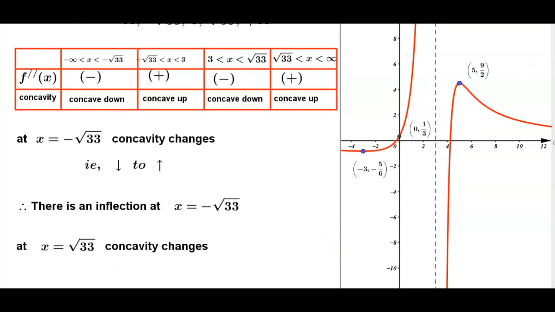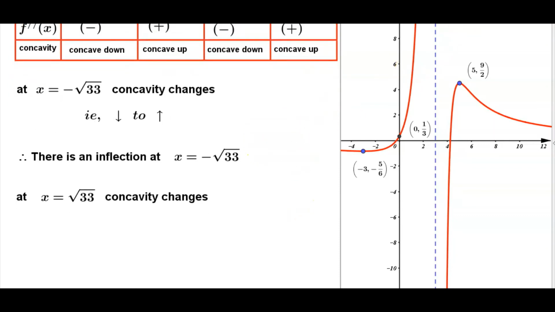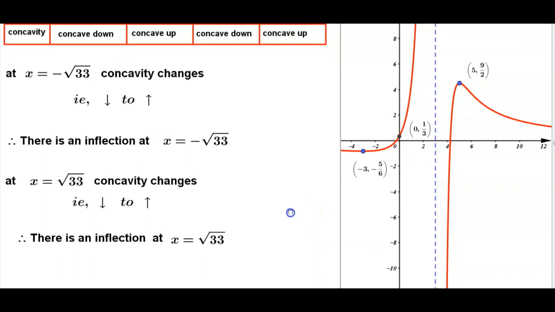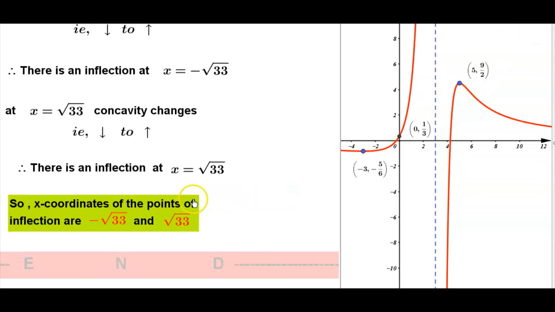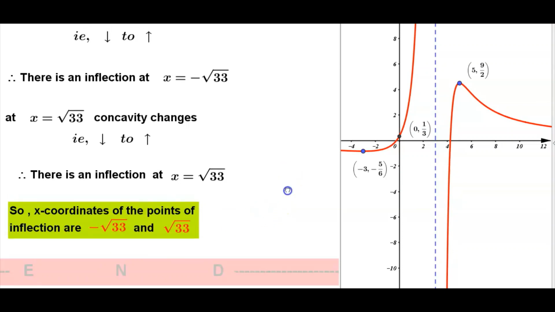And also at x is equal to root 33, also concave down into concave up. Concavity changes from down to up. Therefore, at x is equal to root 33 also, inflection point. There is an inflection at x is equal to root 33. So the x-coordinates of the points of inflection are minus root 33 and root 33.